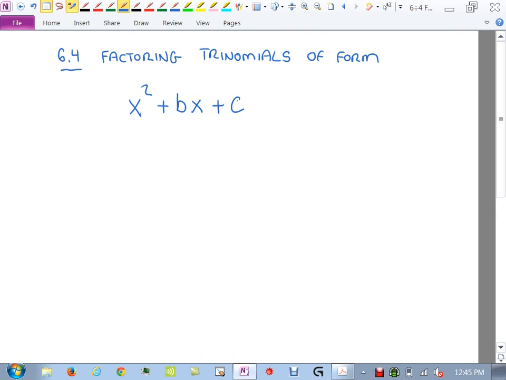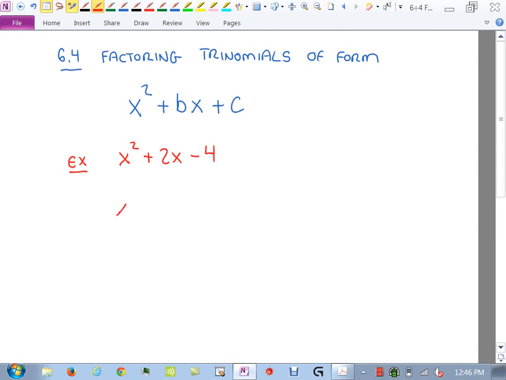Now, let me give you some examples of what this form is. We're not doing the actual factoring, but I want you to see this section. We are narrowing our view just to certain trinomials that have a certain pattern to them, certain look. They have to look like that, x squared plus bx plus c. So here's an example, x squared plus 2x minus 4.